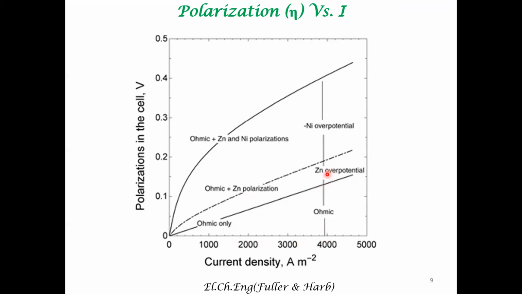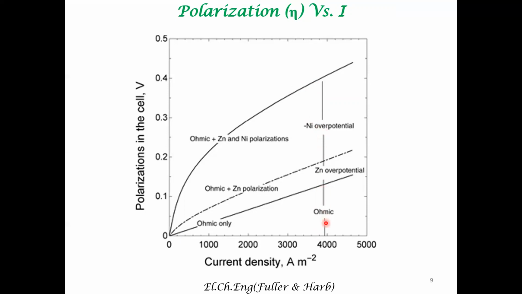This is the overpotential at the zinc electrode, and this is the overpotential at the nickel electrode. So when you sum all of them up, the overpotential for the entire cell is known. So the overpotential for the full cell is the sum of these 3 overpotentials, right?